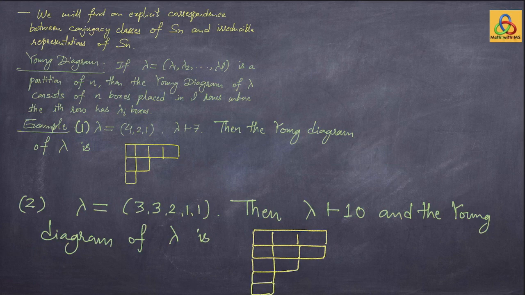So 3, 3, 2, 1, 1. This is the Young diagram of the partition lambda equals 3, 3, 2, 1, 1 of n equals 10.